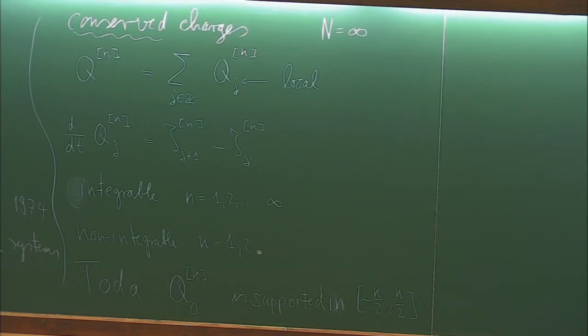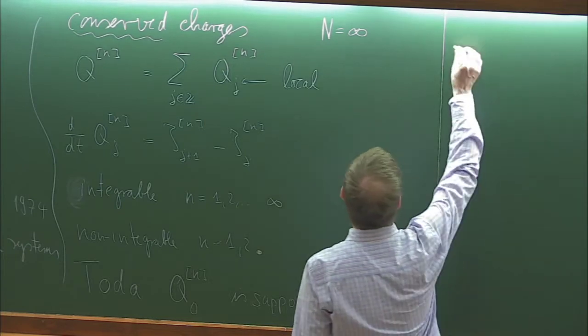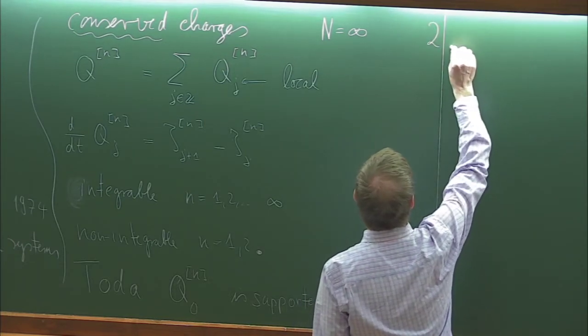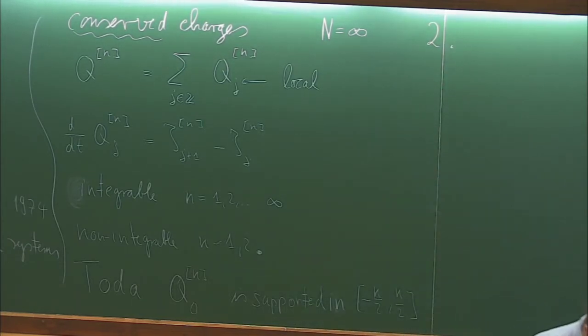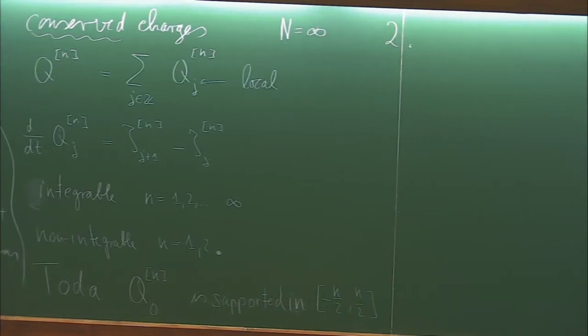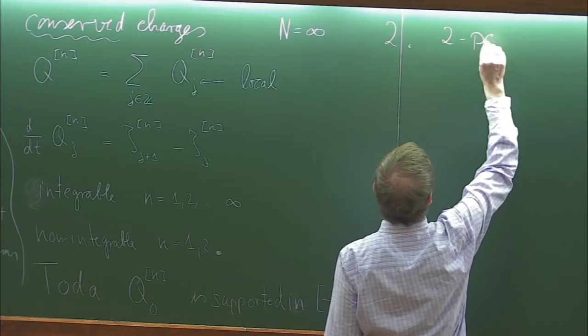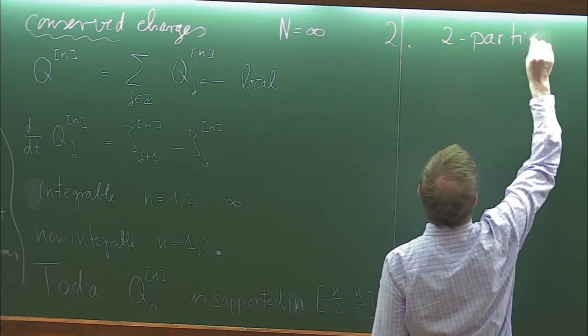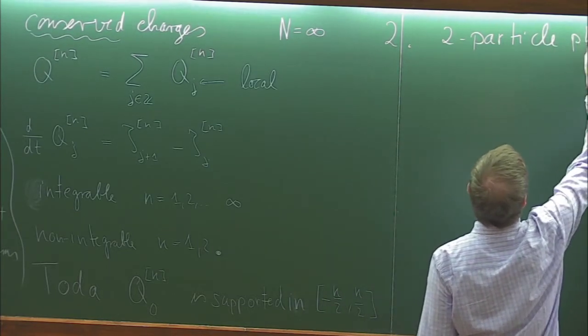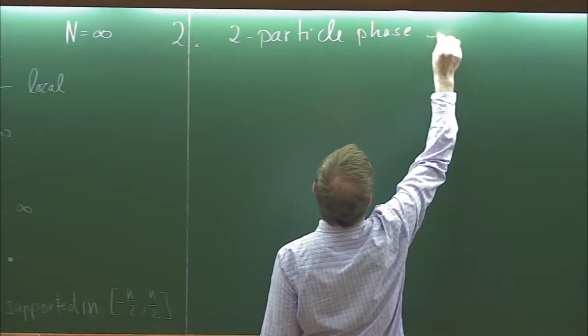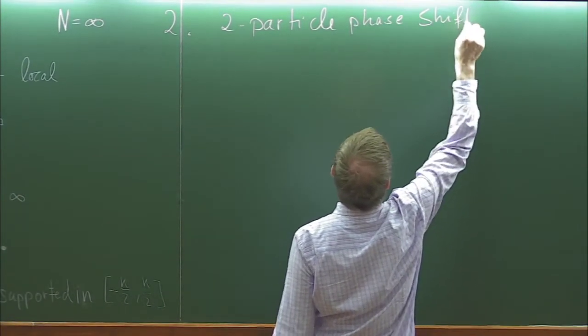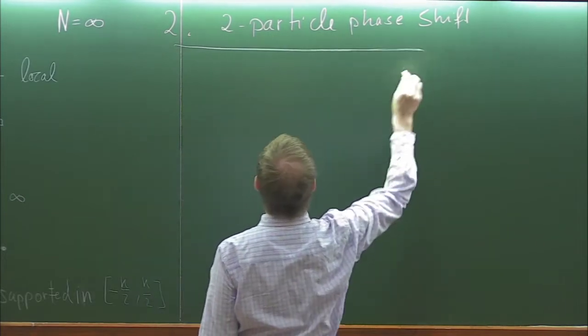All right. So now the next chapter is also an introductory kind of thing, which is the two-particle phase shift. Okay, so now I have to use some color, so you can see this better.